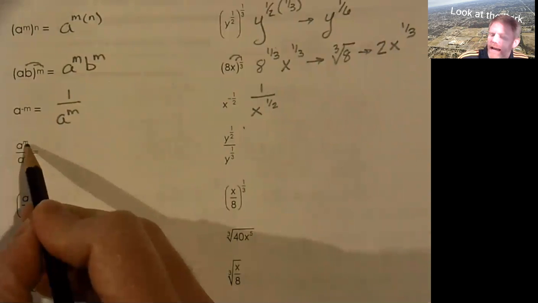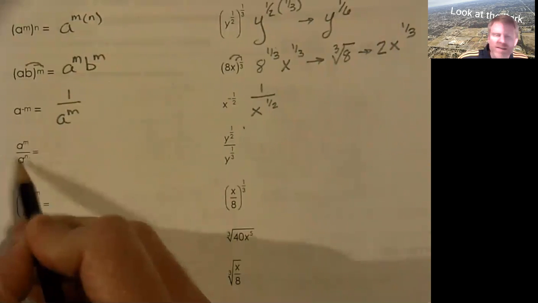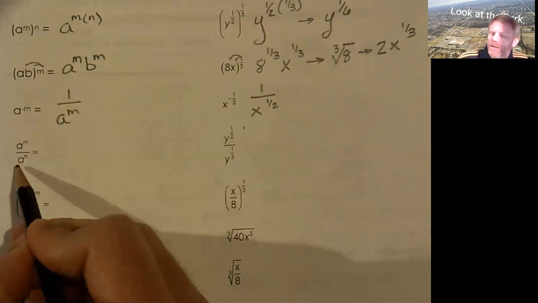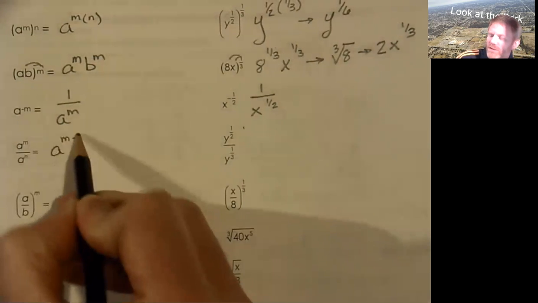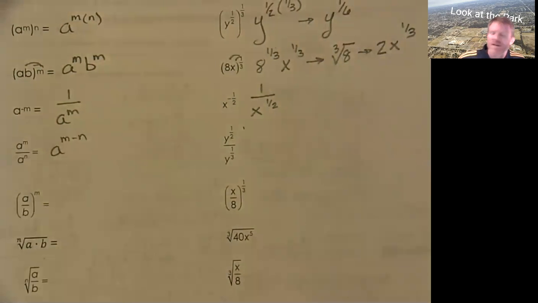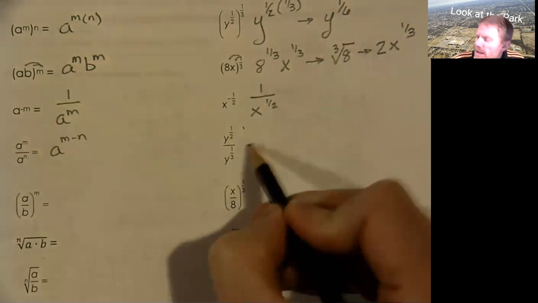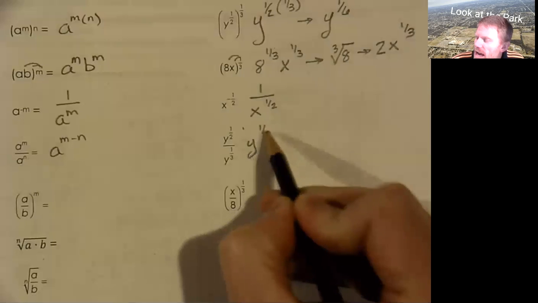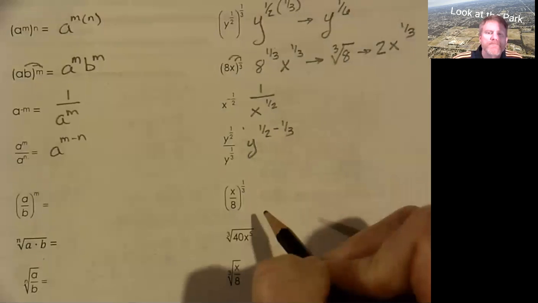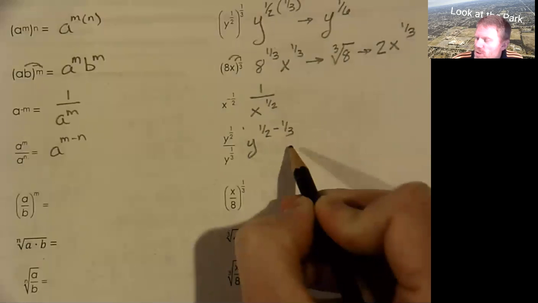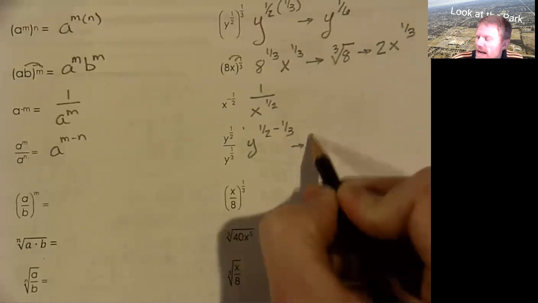A to the m power, a to the n power, the bases are the same. The exponents are different. We can subtract the exponents. So in this case, we get y to the half power minus 1/3 power. Again, with subtracting, you have to have common denominators.